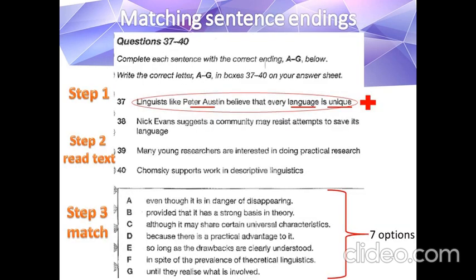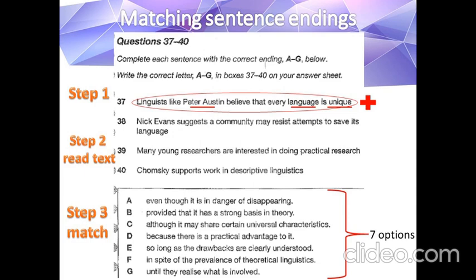Okay, matching sentence endings. Here is the example of it. So step 1 is that you need to read the beginning of the sentence first and underline keywords. As you remember, in one sentence we have no more than 3 words for the keywords. So I underlined 3 words here.